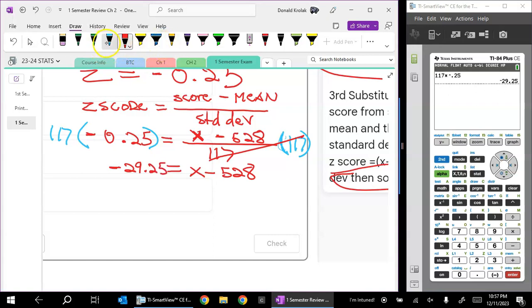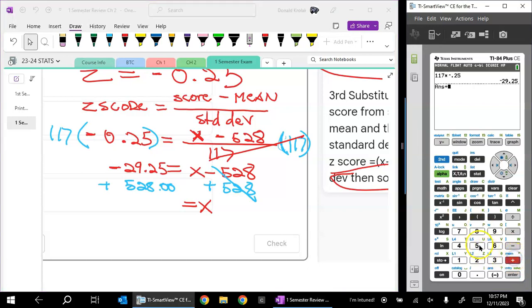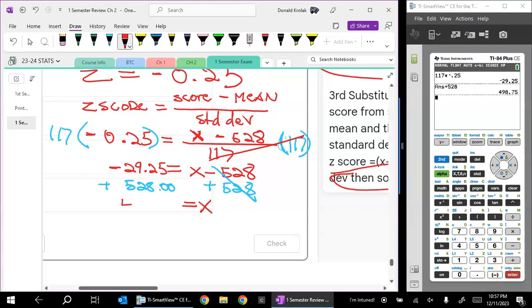And now I'm going to add 528 to both sides. Those cancel. And I have my score. And I end up getting 498.75. And that is my SAT score.